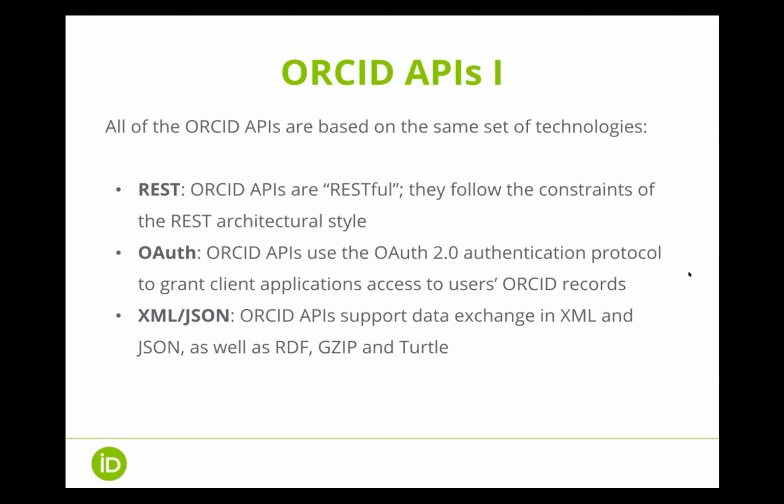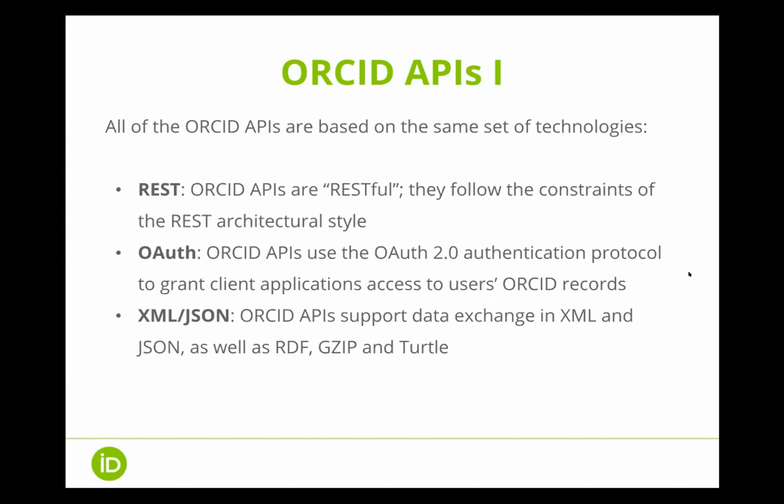So enabling authentication is a way to ensure that a user signs into the ORCID record and then grants permission to institutions, organizations, and integrators wanting to interact with that ORCID record.